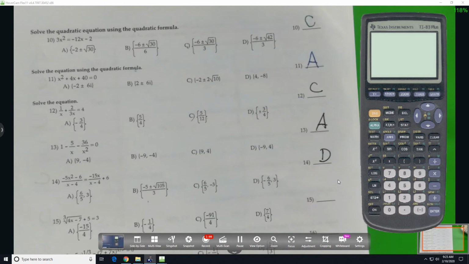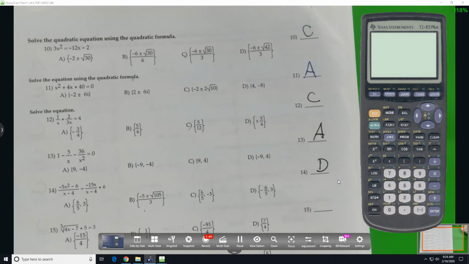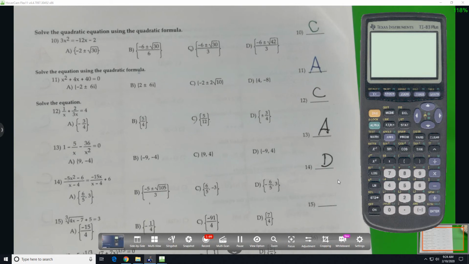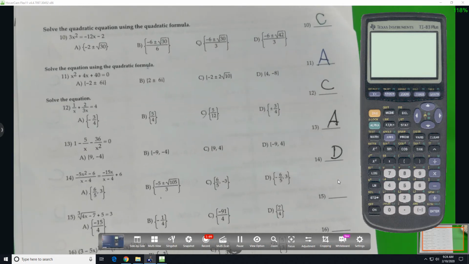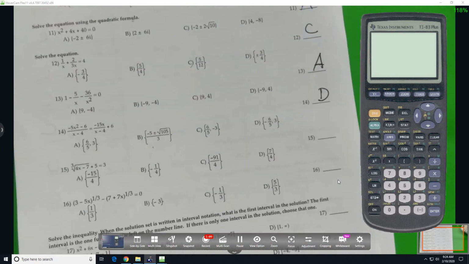Oh, wow. 15 and 16. I was very kind to y'all. These are the equations that have the radicals, and it looks like it's cube root ones, not the square root ones. Okay, so let me write down number 15.